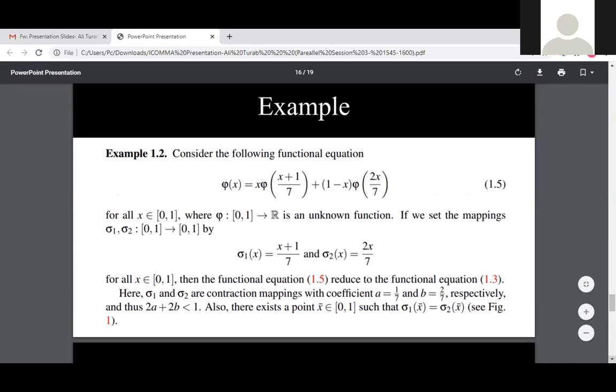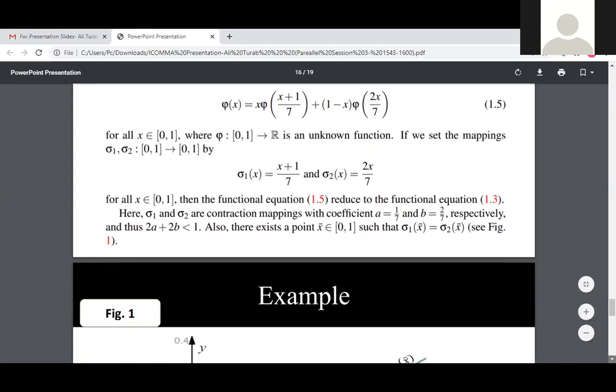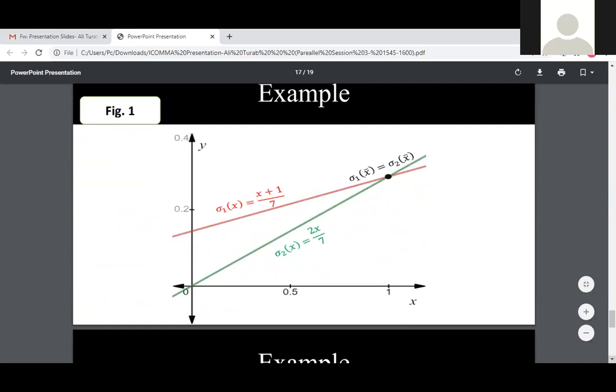Another condition is sigma 2 of 0 equals 0, which is clearly satisfied. And another condition is that there must be a point at which sigma 1 and sigma 2 have the same value. You can see from the graph that this point is 1. At 1, the values of sigma 1 and sigma 2 are the same. So all the conditions of our main theorem are satisfied, and we can apply it to this functional equation.